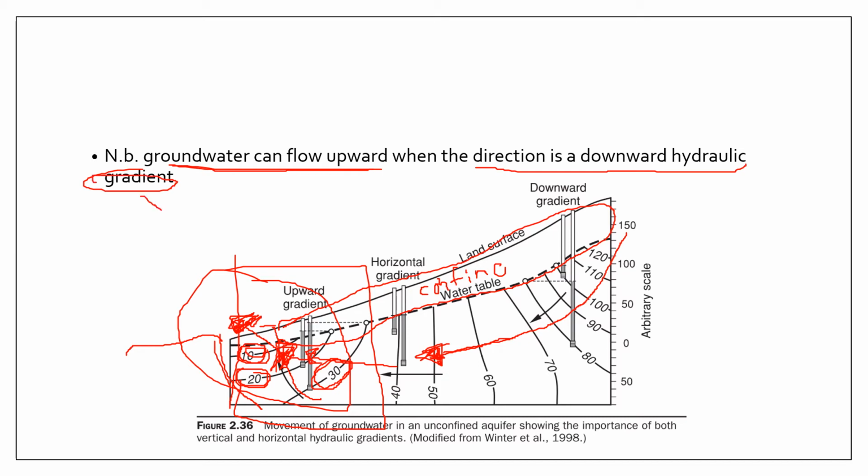And this can occur when you have confining conditions. As you have seen here, the confining conditions basically restricted the movement of groundwater and allowed the groundwater to accumulate its pressure, until a point where it can actually exit by flowing upward.